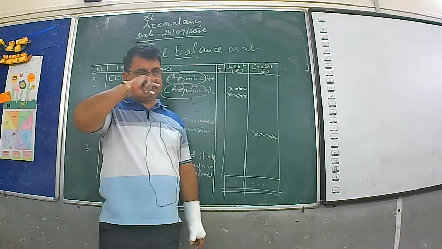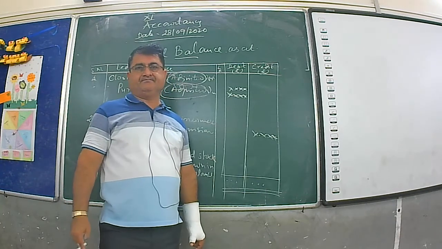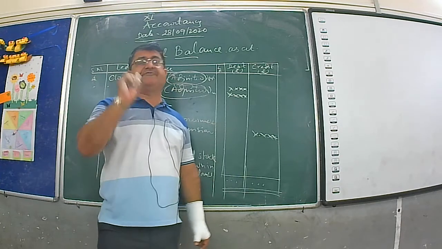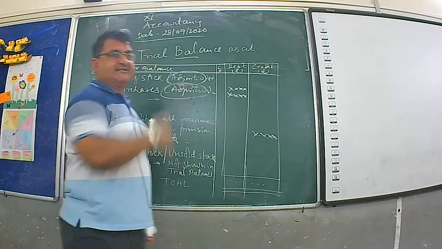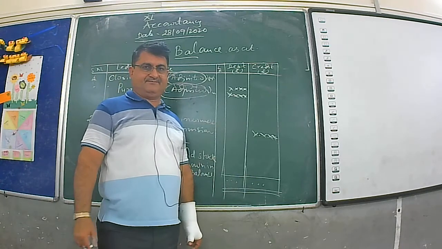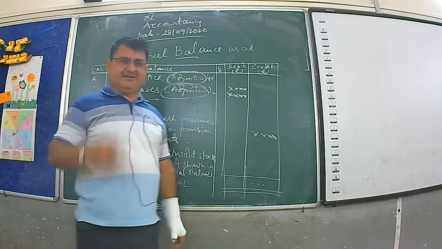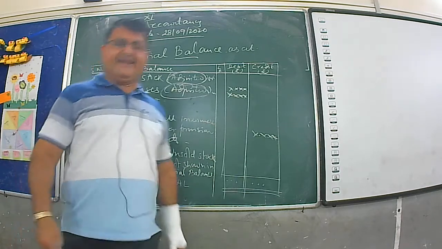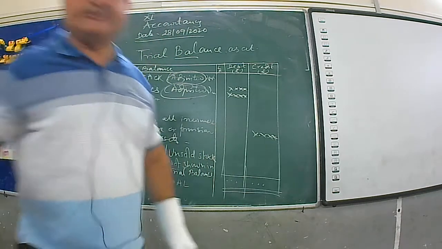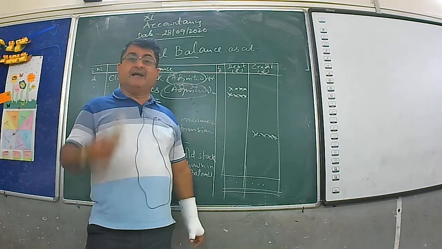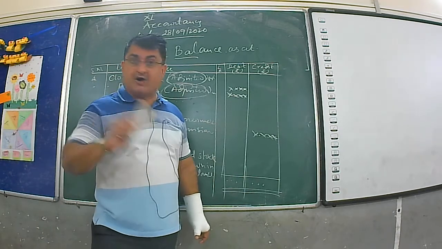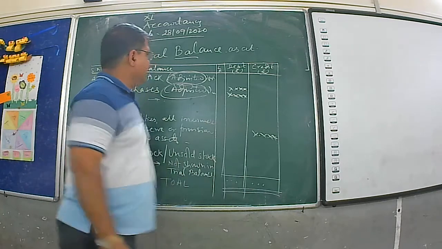However, many times, in spite of the occurrence of errors, the trial balance debit and credit side totals tally. So what is that situation? It is the situation of errors which are not disclosed by the trial balance.